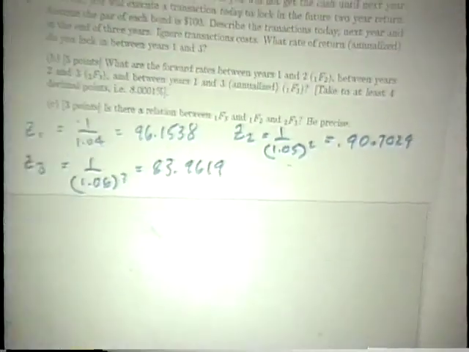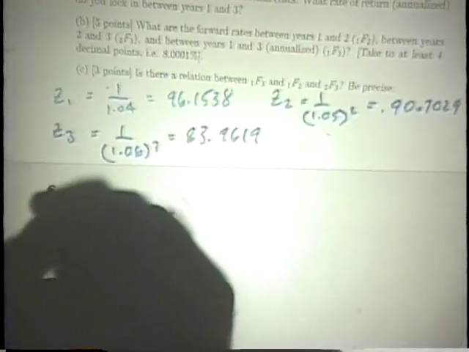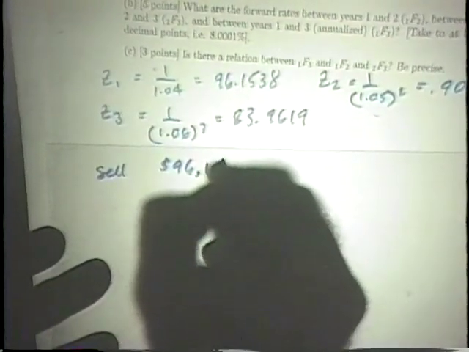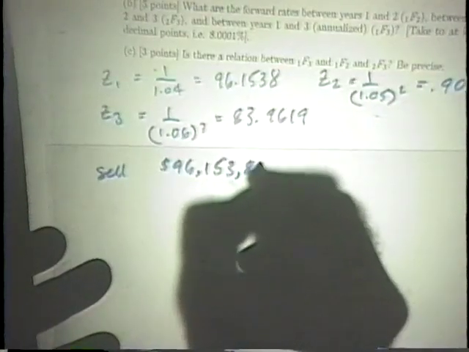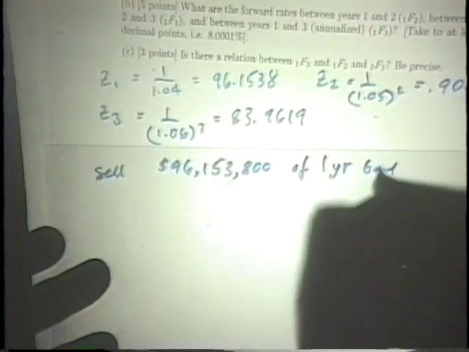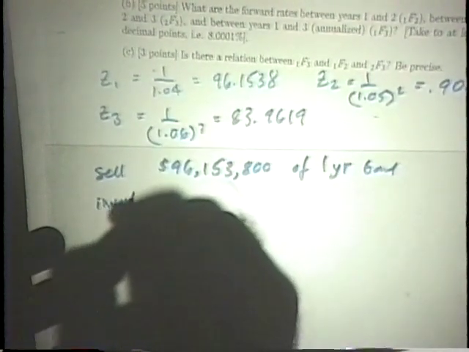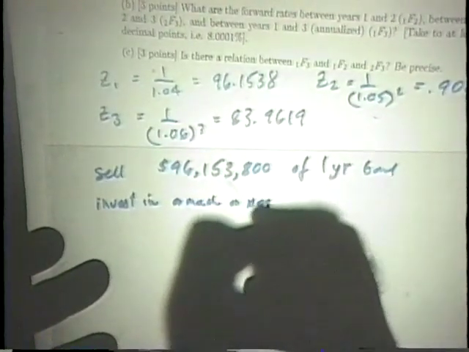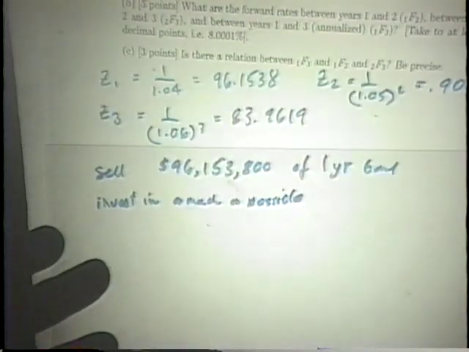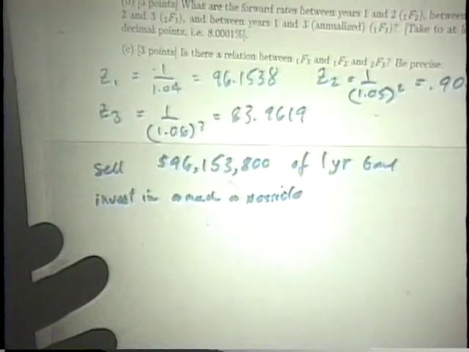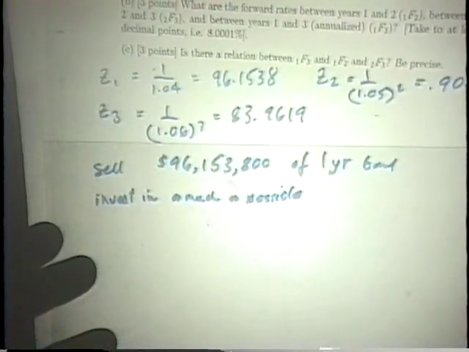So we're going to sell 96.1538 of the 1-year and invest in as much of the 3-year as possible. I'm using words here that you need not use. Your answers don't need to be in sentences, just the main form. Terse is preferred.